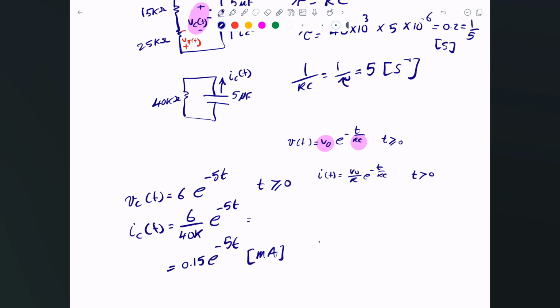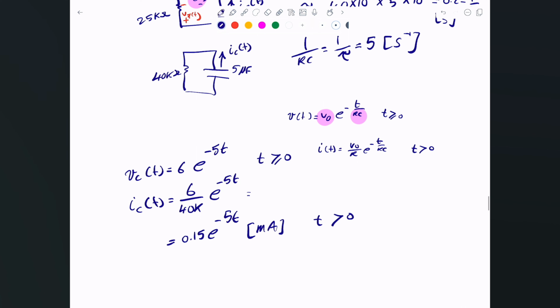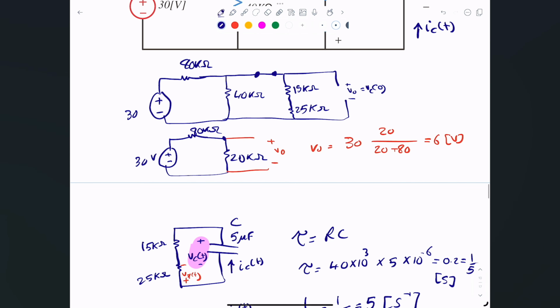And that's for t greater than 0, not greater than or equal to, because the current before was 0. At I_C(0) we can't have a 0, because at 0 there will be a jump. At 0 minus there's no current flowing through that capacitor.